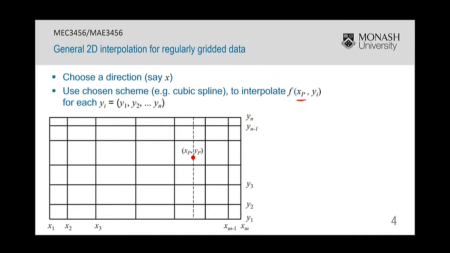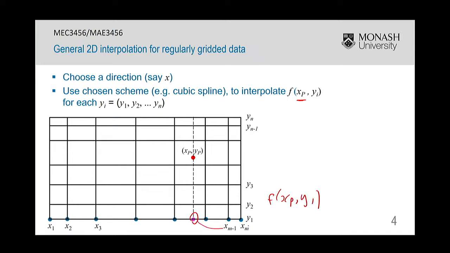So schematically then, we're going to start off for y is equal to y1, we're going to take those points that I've highlighted there in blue, we're going to take our chosen scheme, for example, cubic splines, and we're going to interpolate along that line there and calculate the function value at xp, y1.